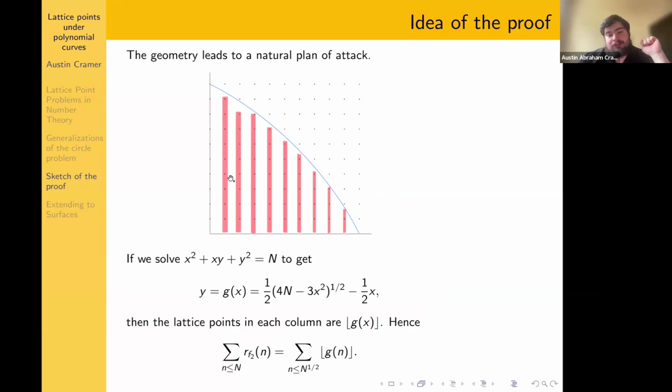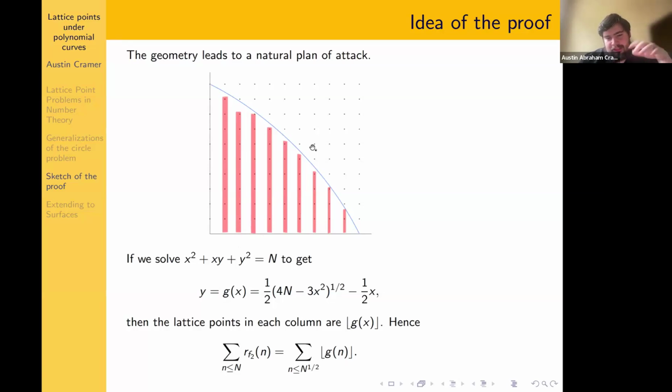Okay, and so then if we look at all the lattice points in each one of these columns, the number of lattice points in a single column is just the floor of this function g at whatever input I'm at along the way. So if I just sum up the floor of my function g, that gives me a reasonable estimate for my total number of lattice points.